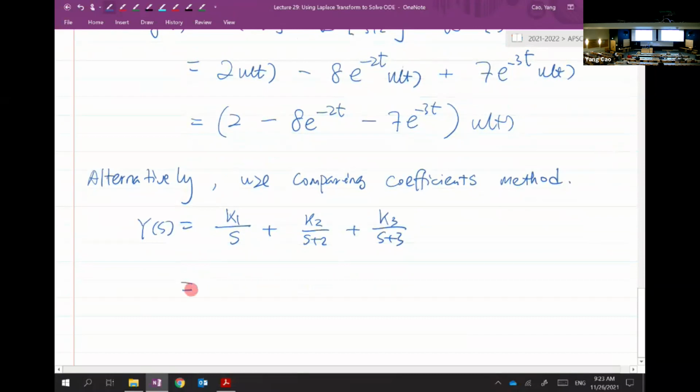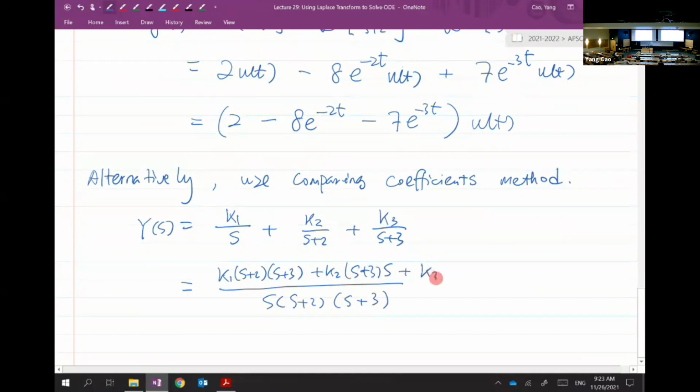So what we do is we write it back into one single fraction. That's k1 times s plus 2, s plus 3, k2 times s plus 3 times s, and k3 times s, s plus 2. You write it back into one single fraction, and this is how it looks.